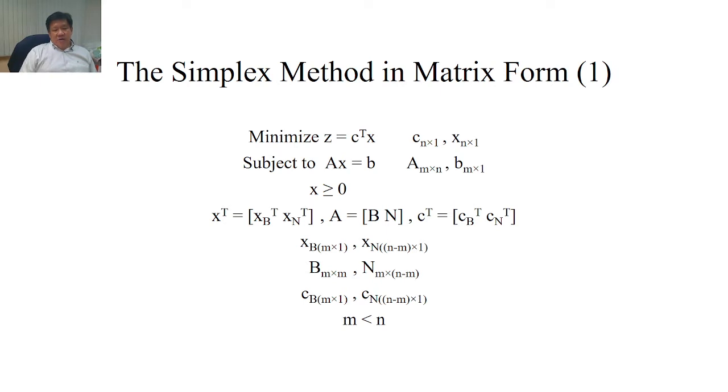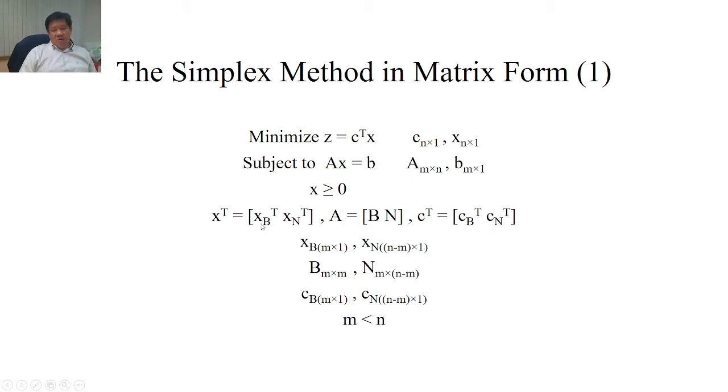With the separation of x sub B and x sub N, in Ax, A can be separated into parts also. The first part we call the basis, the submatrix B related to all basic variables, and N is a submatrix related to all non-basic variables in Ax. Certainly, in c transpose x, with the separation of x, c can be separated into parts also as c sub B transpose and c sub N transpose.